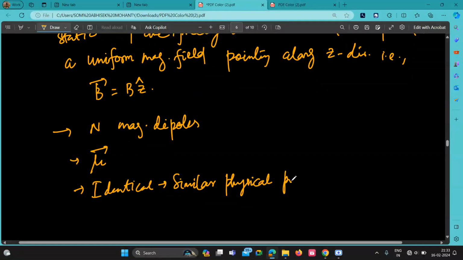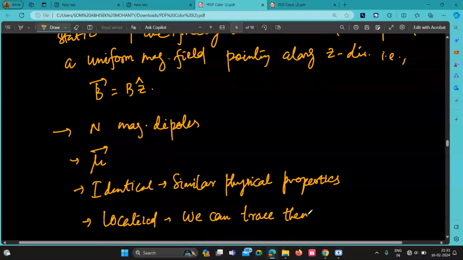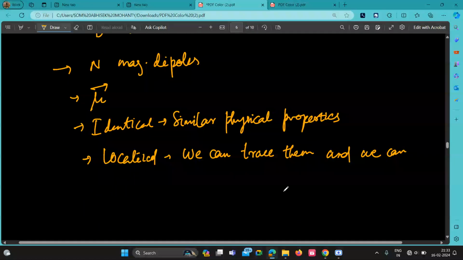Next, localized. That means we can trace them, and hence we can distinguish them.